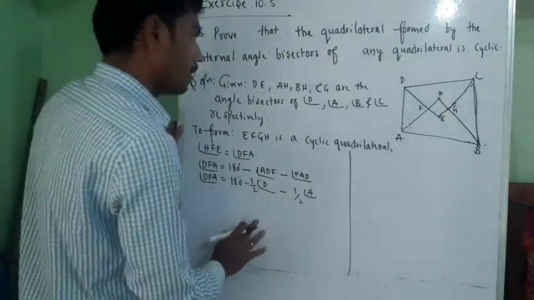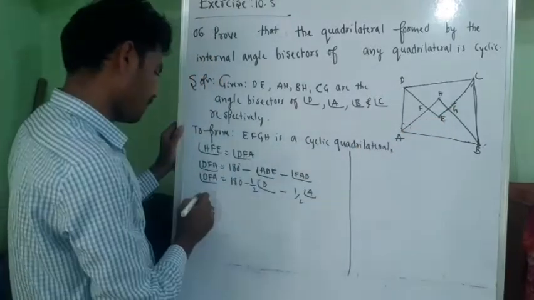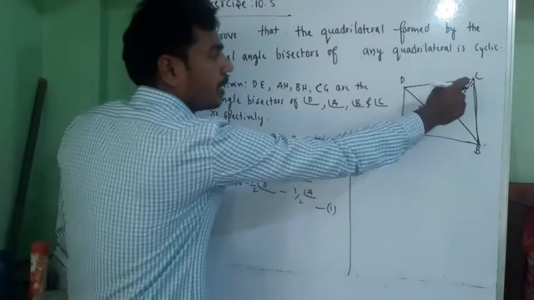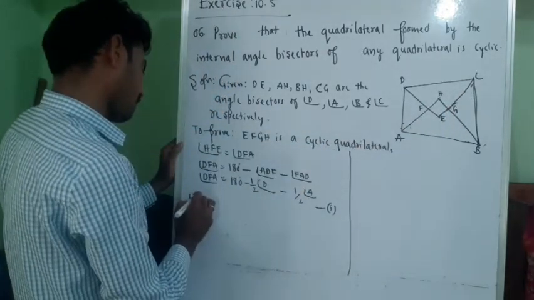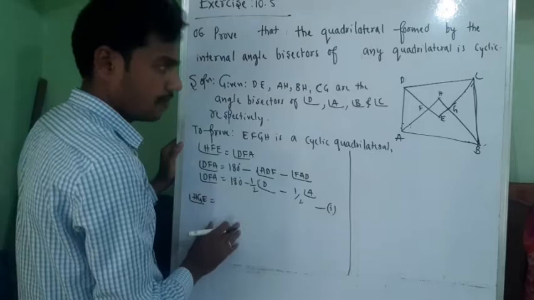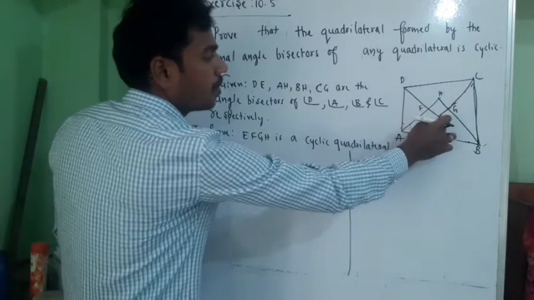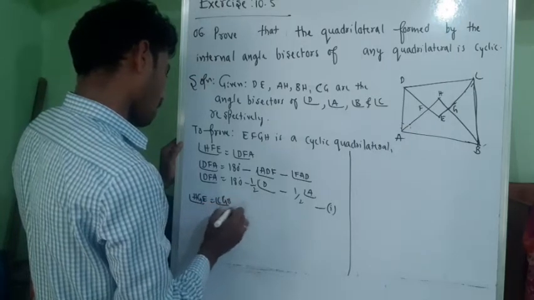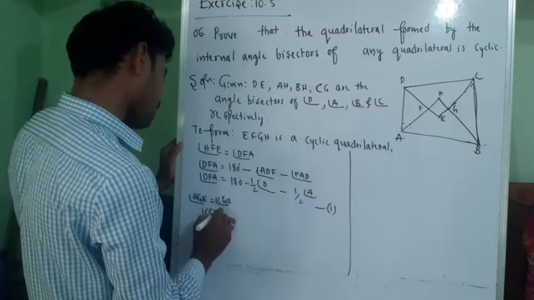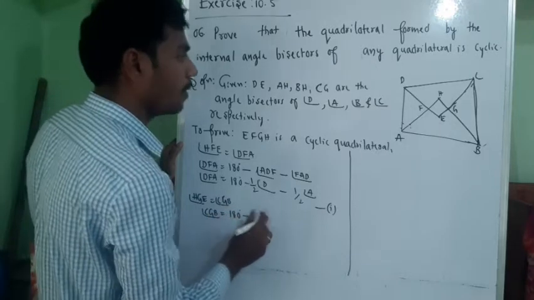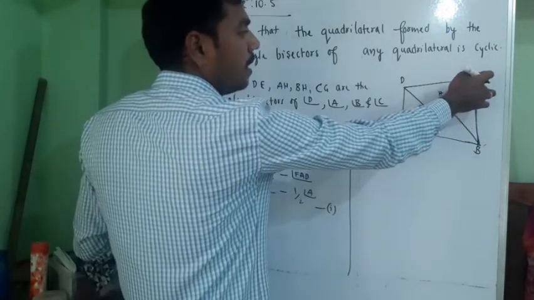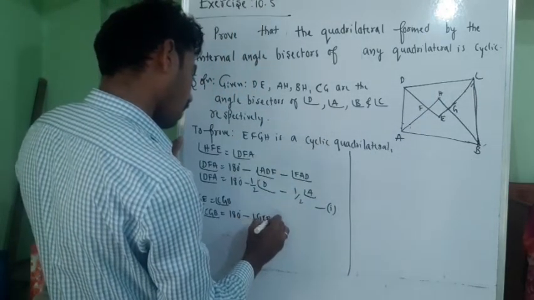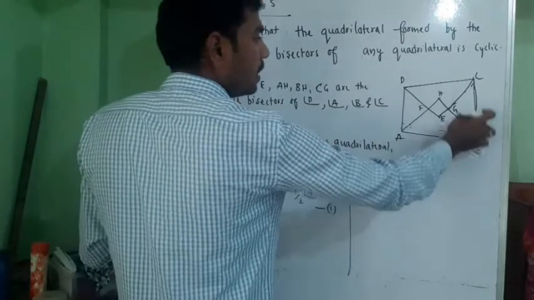Next, I'll call it equation number 1. Angle HGE is equal to angle CGB, or else angle CGB can be written as 180 minus angle GCB minus angle GBC.